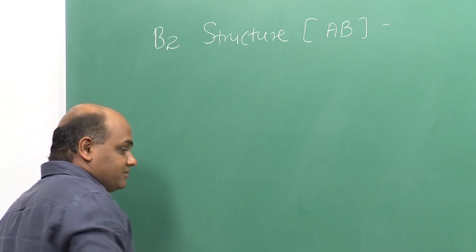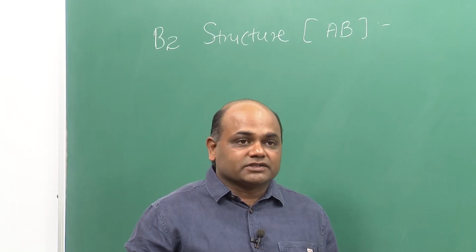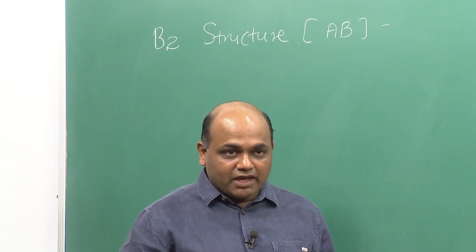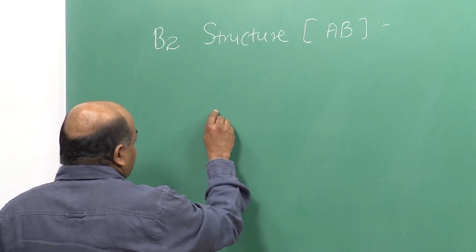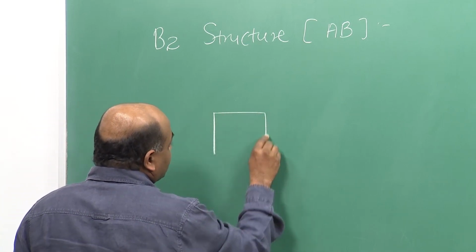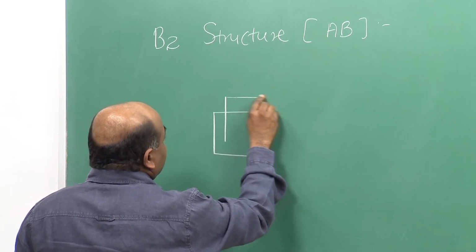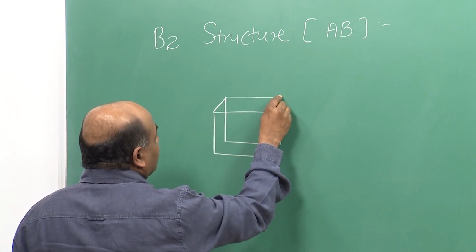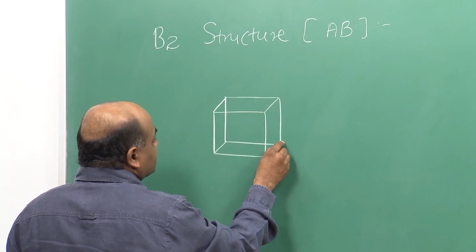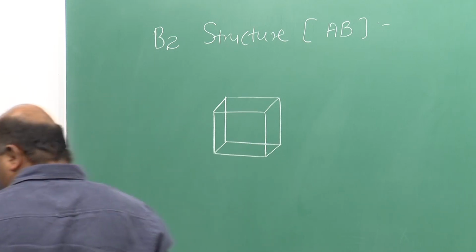The B2 structure can be looked at as an interpenetration of two simple cubic sublattices, one for type A atoms and the other for type B atoms. If we draw a single cubic cell, it resembles a BCC unit cell with all the corner sites occupied by one type of atom and the body center occupied by the other type of atom.